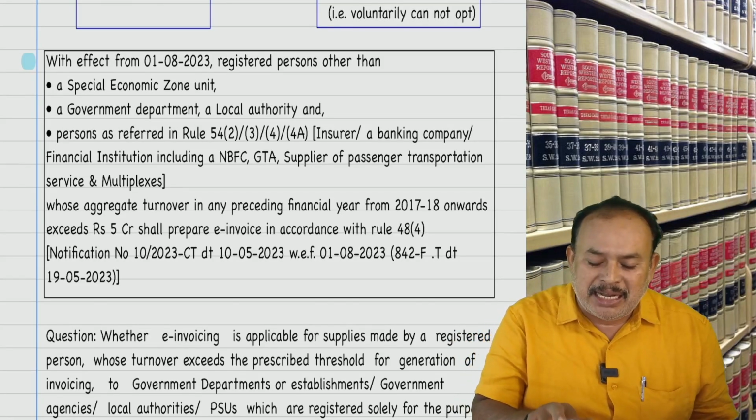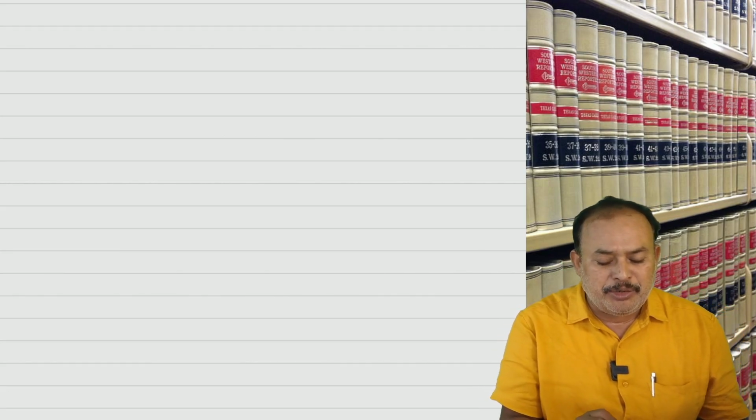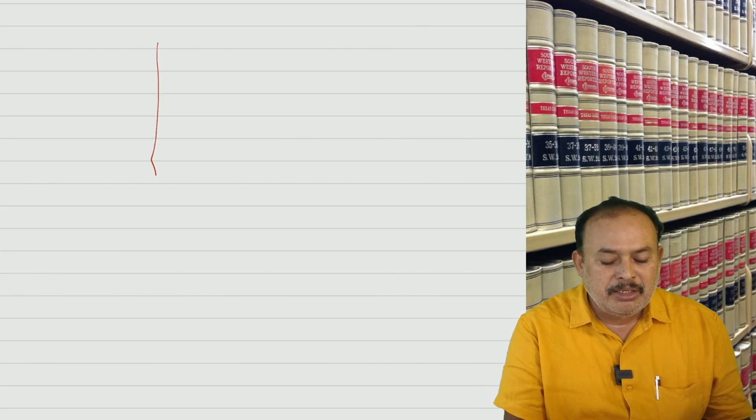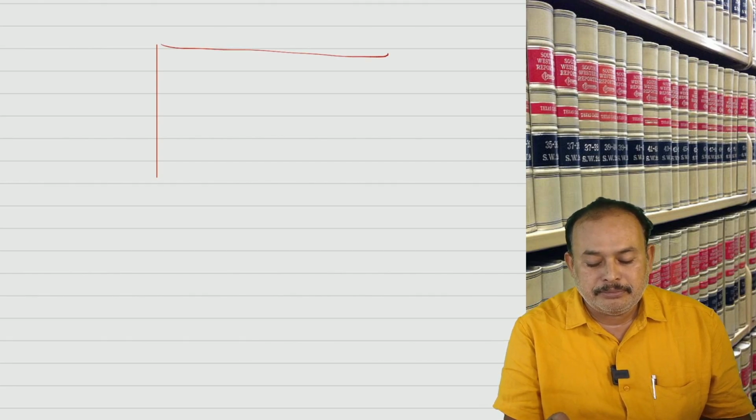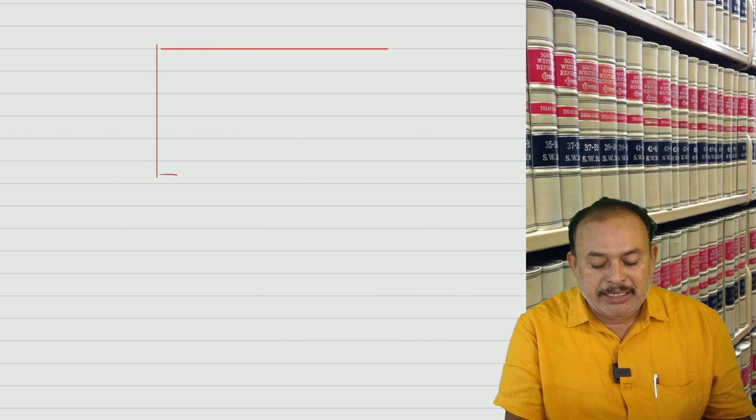Then how to understand the concept of a special economic zone unit? How does it differ from a special economic zone developer? I will tell you, my dear. See, look here, this is the area.